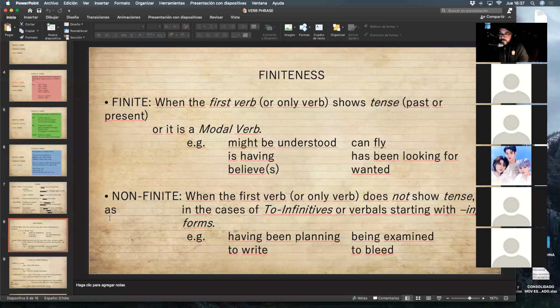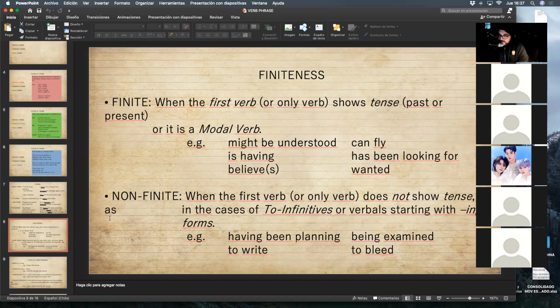Be very careful. Verb phrases can show tense by three different means. The very first of them is whether they are in past, the second, whether they are in present, or the third, whether they have a modal verb. So, for example, might be understood is a verb phrase with a modal verb, therefore finite.